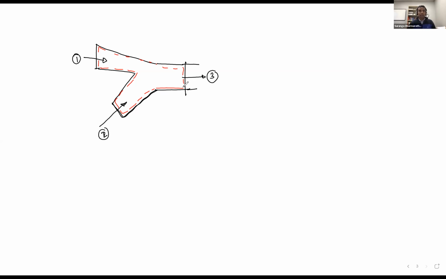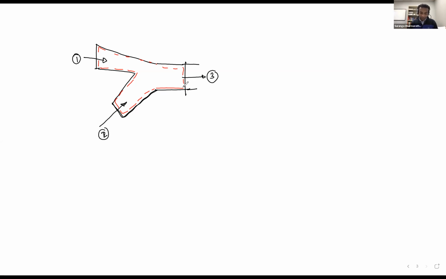To locate it on the psychrometric chart, we need at least the temperature and relative humidity, some kind of properties. But we don't have any of those properties except the properties at 1 and 2. From the properties of 1 and 2, we will be able to find some properties of 3, and then we will be able to find the other properties from the psychrometric chart.